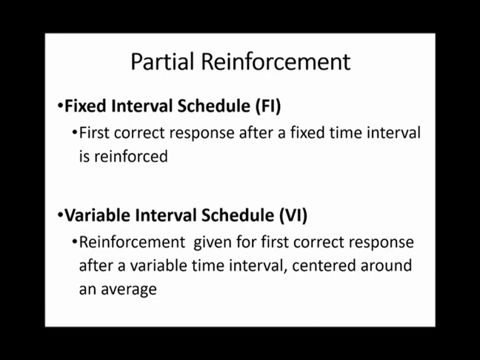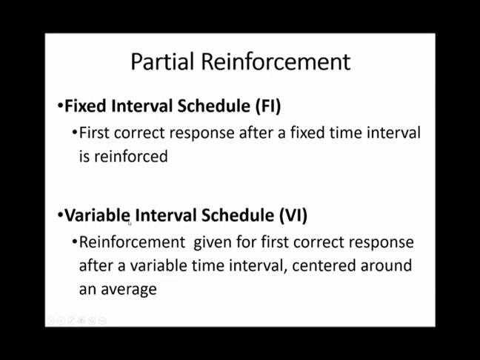So the first time you press the lever after 10 seconds on average, but there's some variability, so it could be plus or minus 4 seconds. So you could get rewarded as early as after 6 seconds have elapsed, or you might have to wait all the way up until 14 seconds have passed, because that's the upper end of the options that could happen because of that variability.